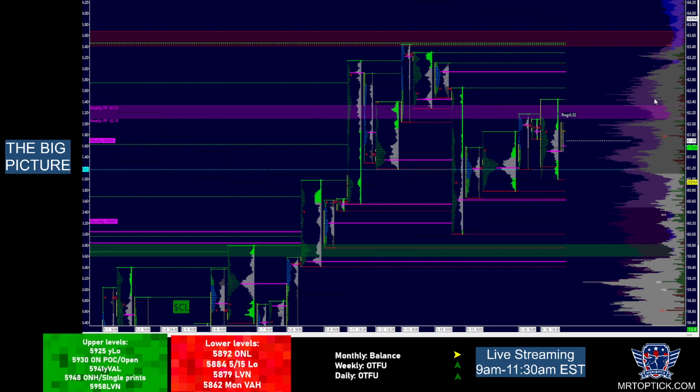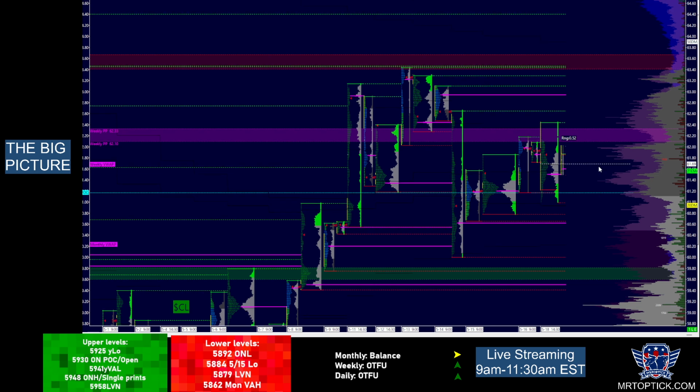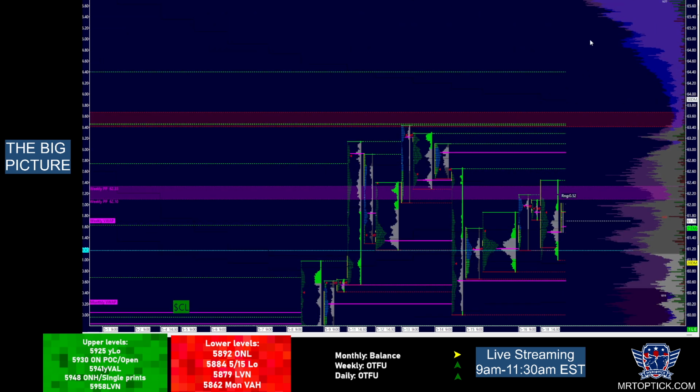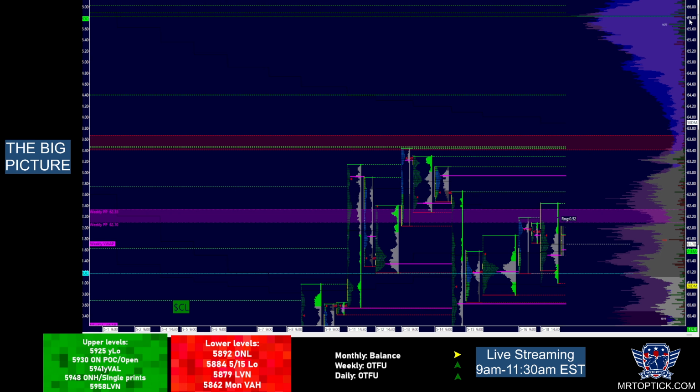So between 63.40 and 59.80, look for that to be the range. And if we break that 59.80, then 59.15 is the target. And then above it, as I keep mentioning, 65.82-ish if we break above this 64 area.